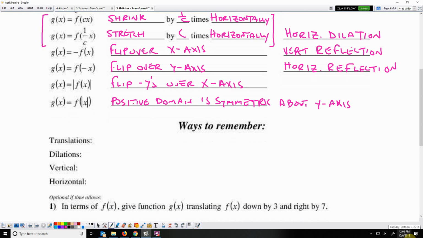So a translation is any time you are adding or subtracting. A dilation is any time you are multiplying or dividing. Vertical is when it's outside the function, and you always take that number at face value.